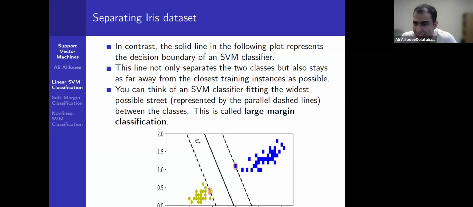You can draw several different lines to separate this dataset, but when we want to find the SVM classifier, we are interested in finding the line that gives us the widest possible street between these two datasets. It's important to understand this. We will see more about why finding this widest possible street is important. Okay, I think it is enough for now. Then we will continue. Thank you.